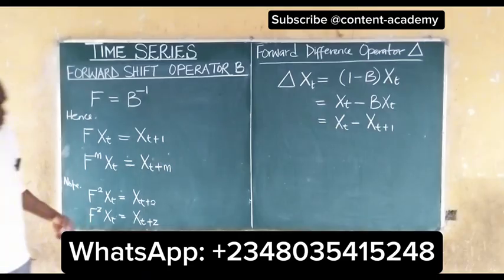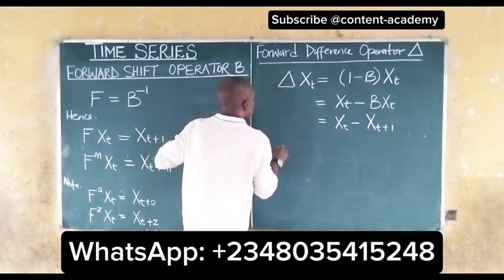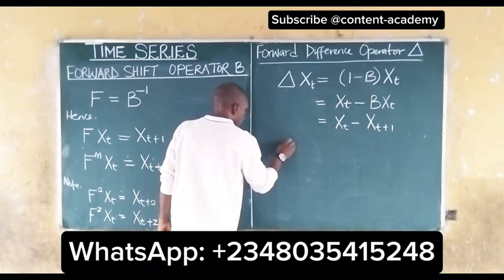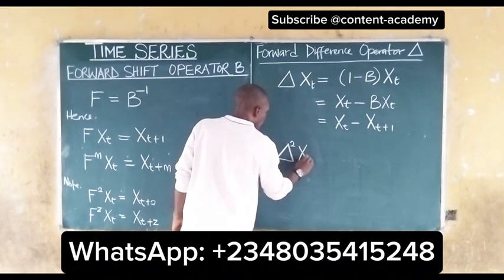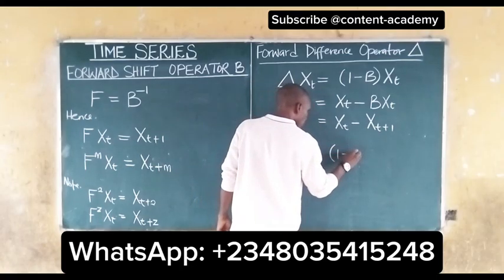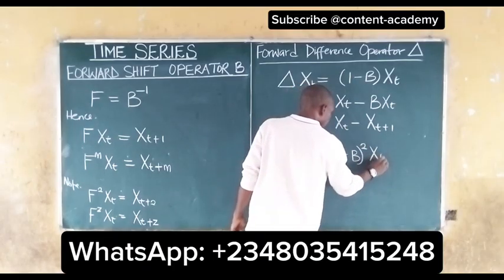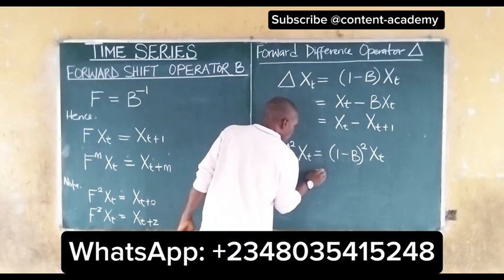Also, we can write something like this. If you have a difference operator of this form, it's the same thing as 1 minus B raised to the power of 2 Xt. So we expand it the way we expand every other thing.